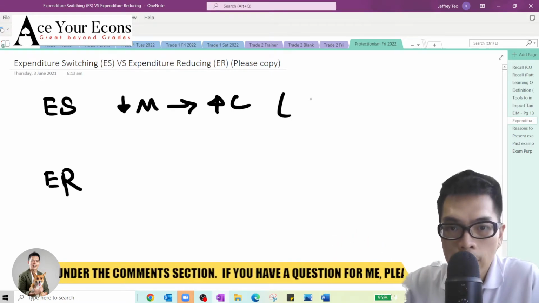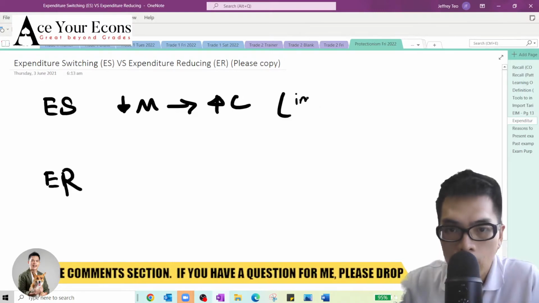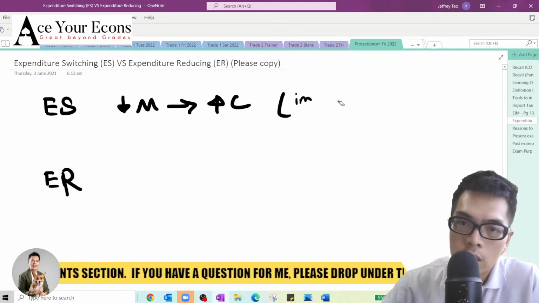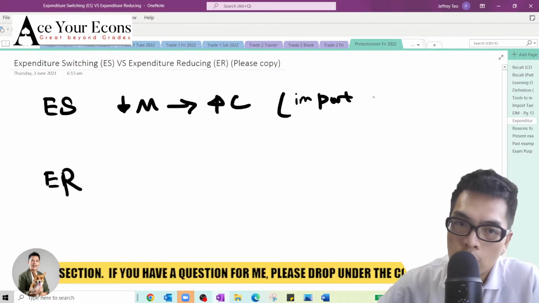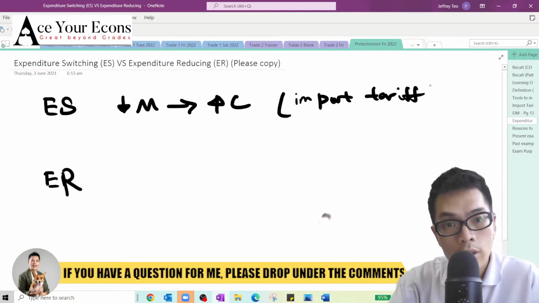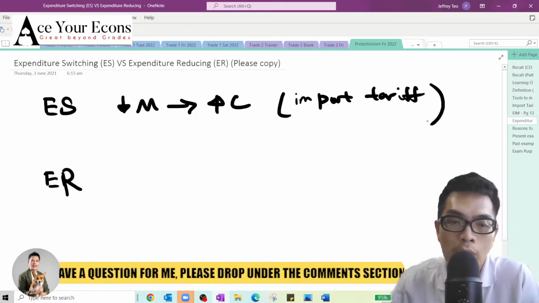Policies that we often use are known as what? Okay, import tariff. Import tariff can actually result in a switching behavior, right? Switching from imports to domestic production.